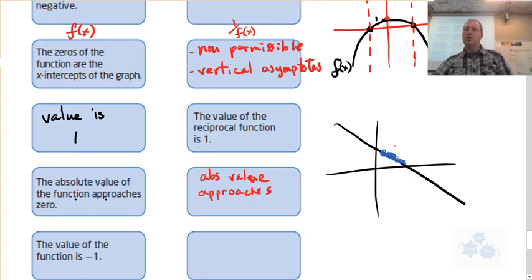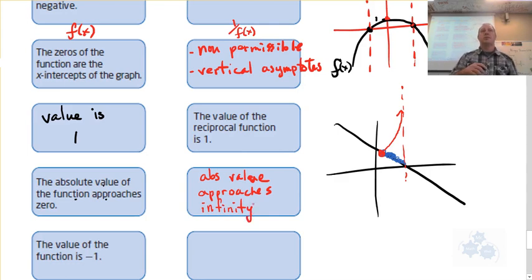As this graph approaches 0, the red graph approaches 1 over 0, which is infinity. And we'll just call it infinity. That's the same as getting larger without any bound. So it approaches infinity, and that's what happens to the graph as it gets closer to the vertical asymptote.